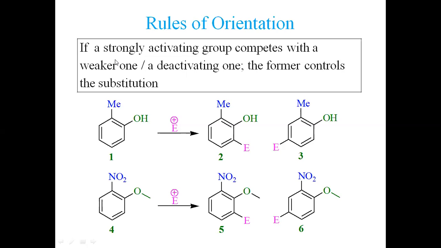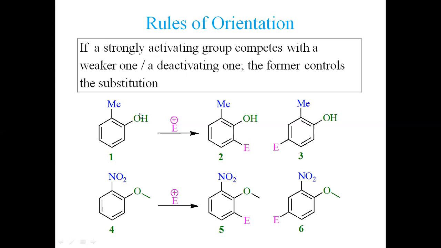So these are the 2 possibilities. Deactivating, like maybe halogen. So if you are making a comparison between a strongly activating group like OH with a weaker or deactivating one, just like methyl is a weaker activator, and in this example I have taken nitro in blue color. This is a deactivating group, right?